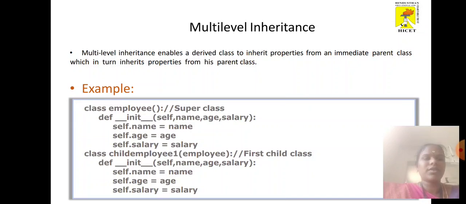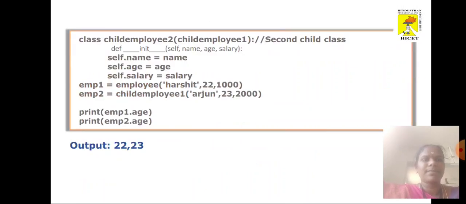Second, I created the first child class named child employee1. In child employee1, I am passing the super class, that is employee. And third, I am creating the second child class, child employee2. Inside that, I am passing child employee1, that is the immediate inheritance class.